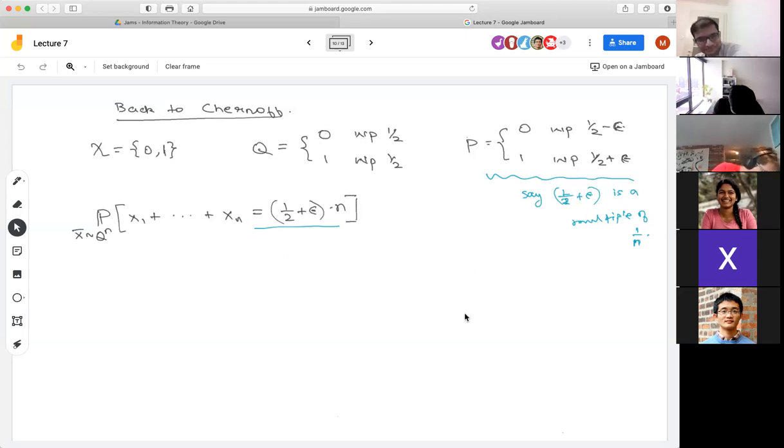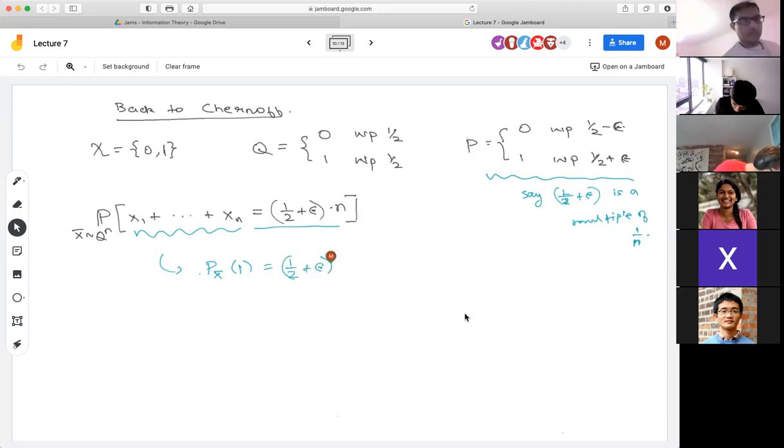Okay. Either this is obvious or maybe I lost you a long time ago, but in either case, let me remind you. This is a question which we already posed before, because this is just the probability of 1 being equal to half plus epsilon in the empirical distribution, or the histogram, of the output x.